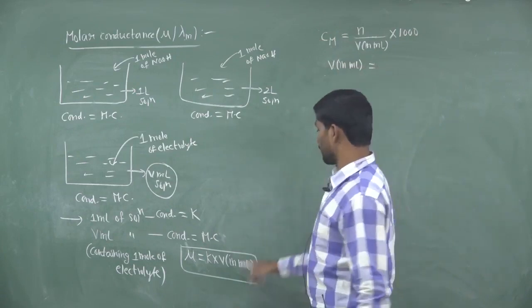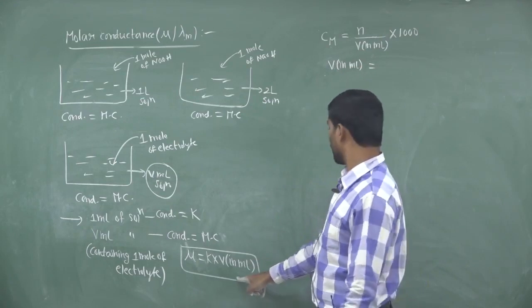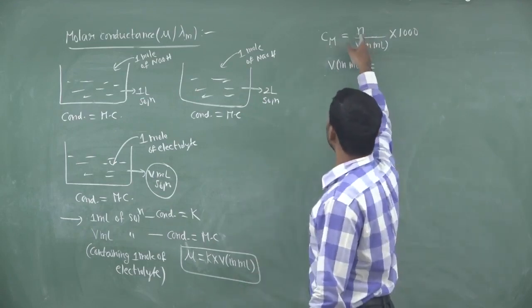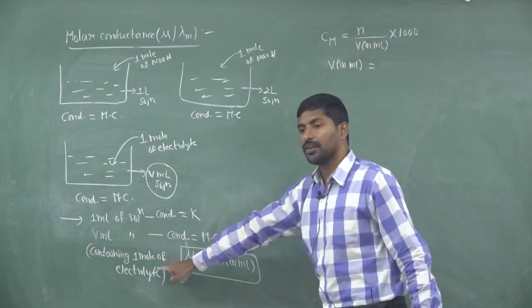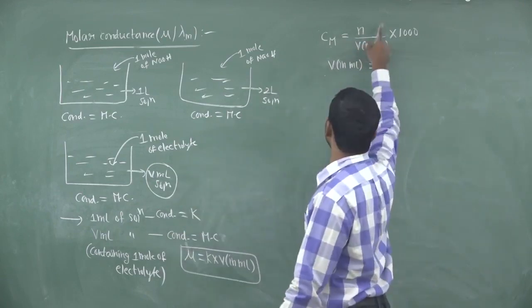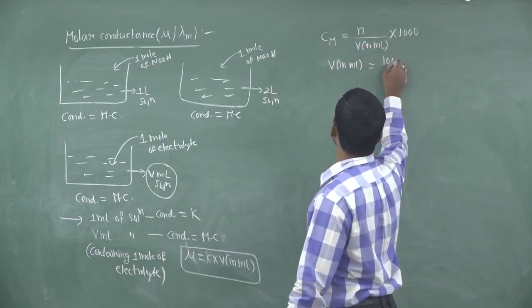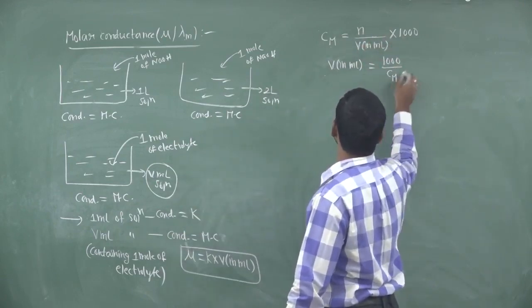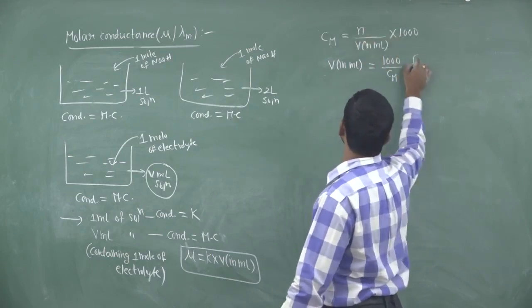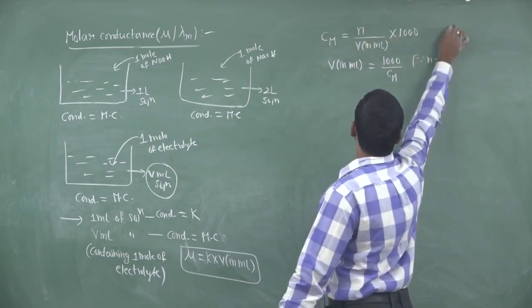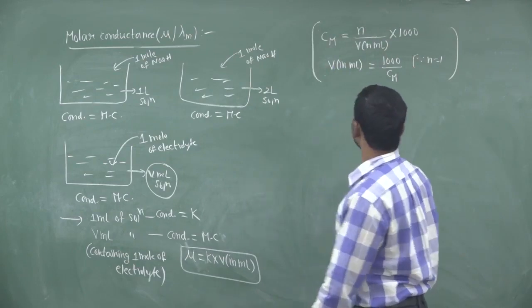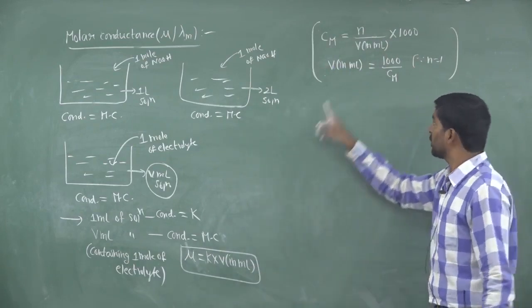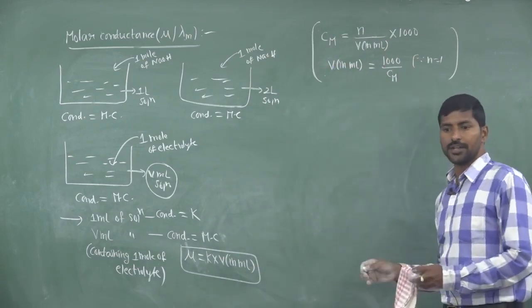If you take the expression for volume in ml, the number of moles of electrolyte we are taking is 1 mole, so n is 1. So volume in ml is 1000 divided by concentration in molarity.